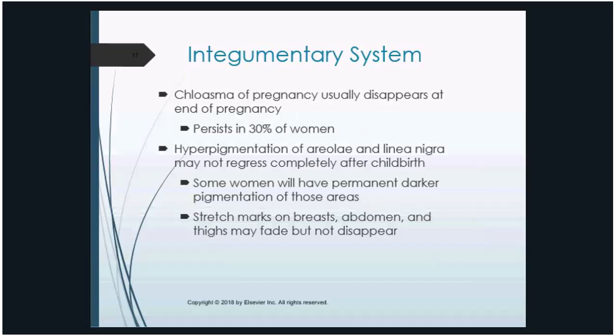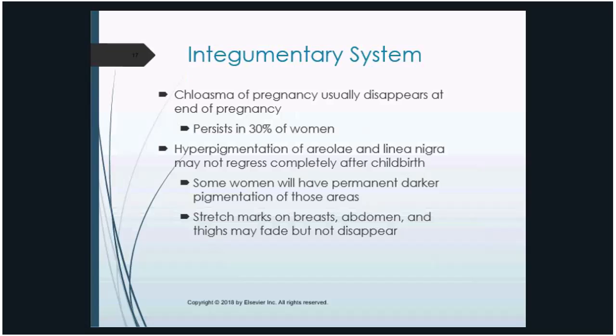Hyperpigmentation of the areola and linea nigra may not regress completely after birth. So the darker areolas and the line that appears from the umbilicus down may not regress completely after childbirth. Some women will have permanent darker pigmentation of those areas.